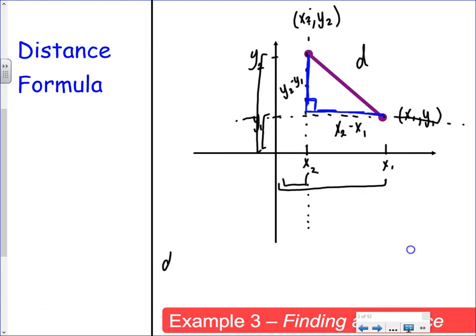And the distance formula says d squared, hypotenuse squared, is equal to leg squared plus leg squared. Question. Just a little louder. I heard some of you already say it.